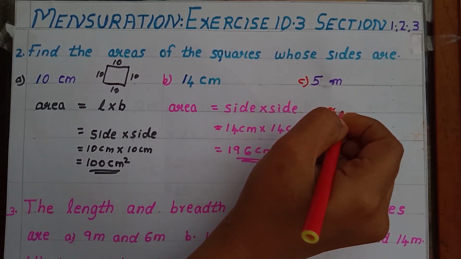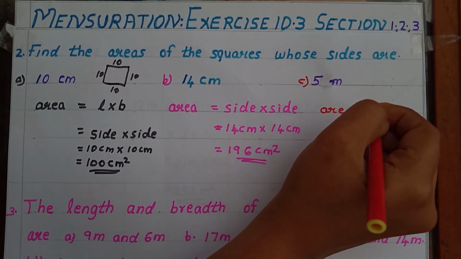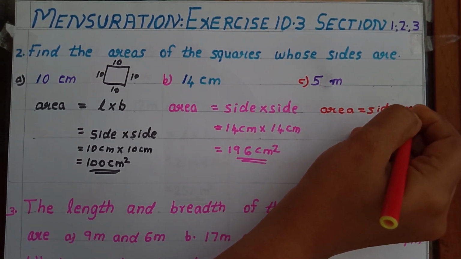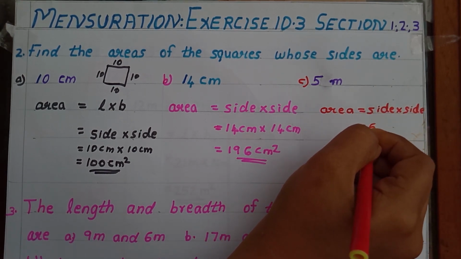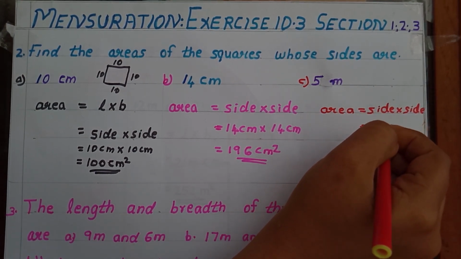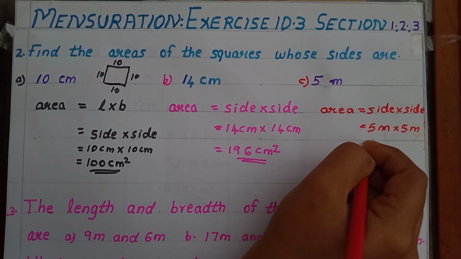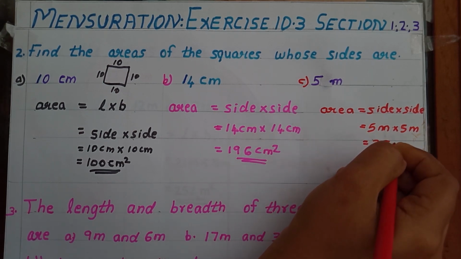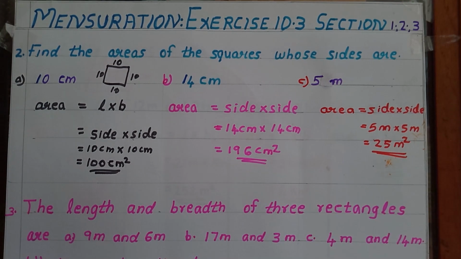So area equal to side into side equal to 5 meter into 5 meter equal to 5 into 5. Unit is meter square. So 25 meter square is the answer.